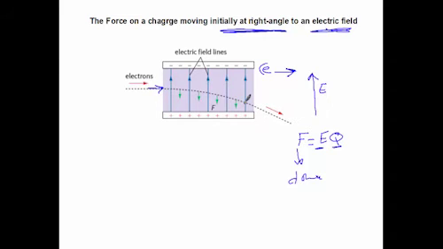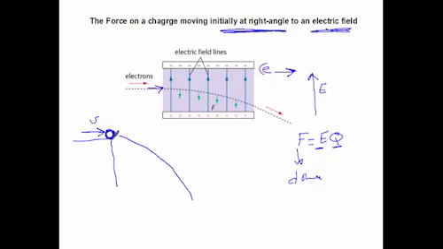And this is very similar to projectile motion. If you have, for example, a ball with an initial velocity v, in projectile motion it will follow this trajectory. This is a parabolic path.